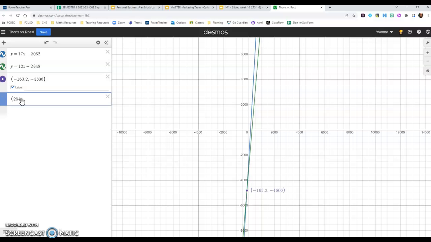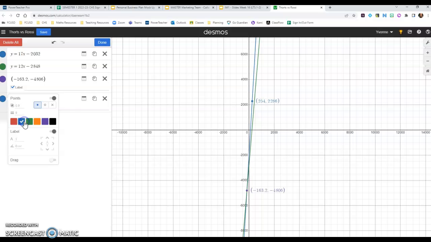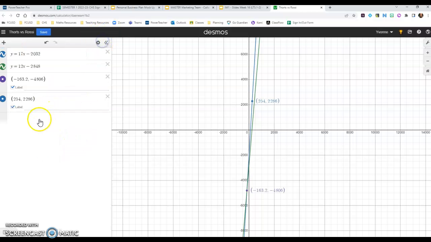So when I've sold 254 shirts, which is how many I started with, I've made $2,286. Okay, I'll label that too, but I'm also going to change it to be the same color as my line because I think it looks better. I also need to have Mr. Rossi selling out.